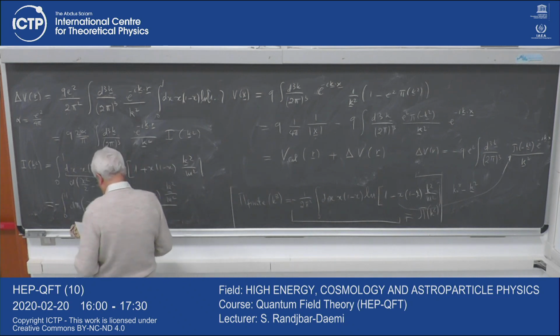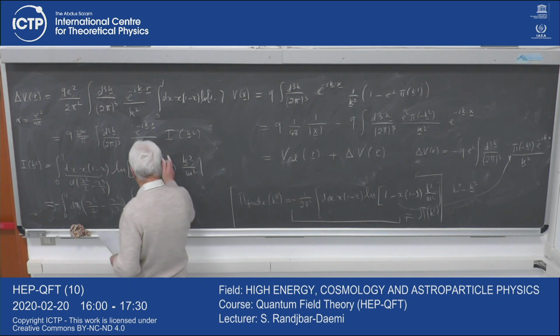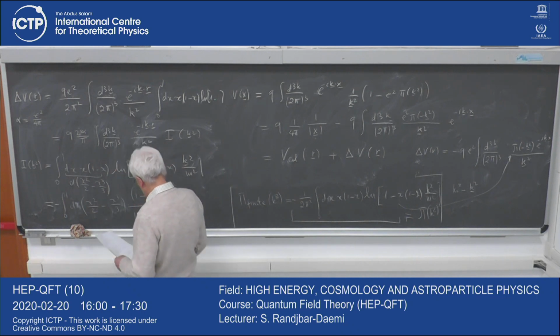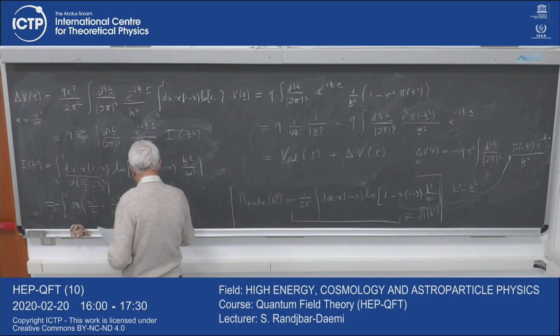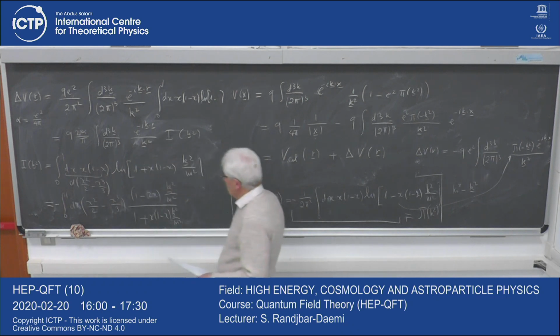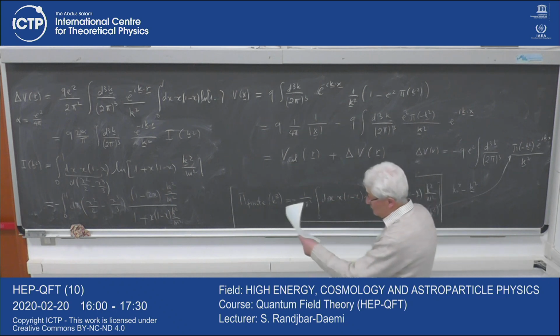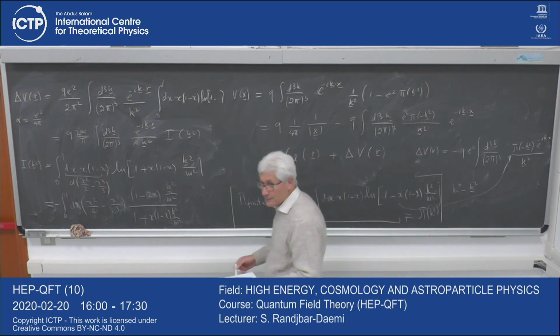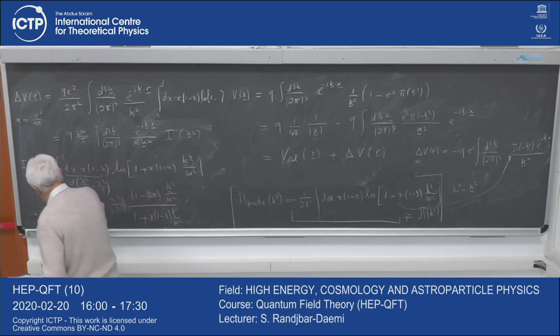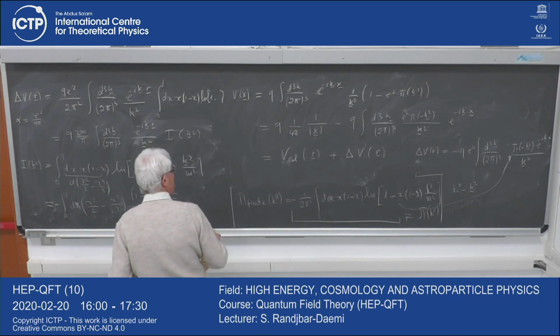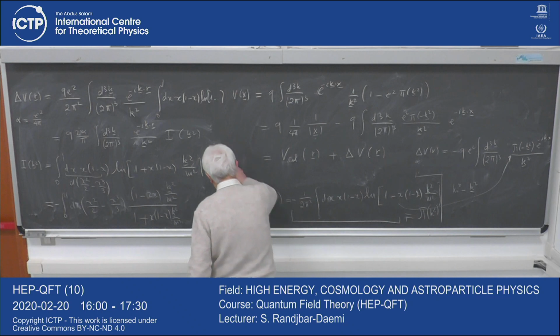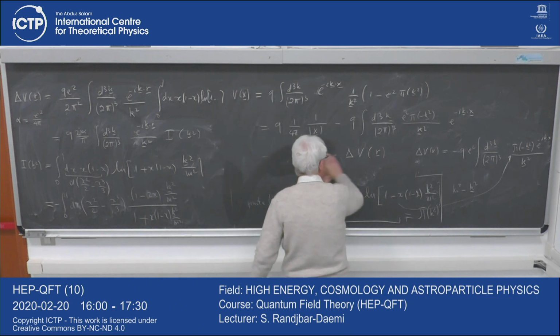So the derivative of the logarithm will give you the derivative of this divided by the argument of the logarithm. From here on, you can do various things. So what I'm going to explain to you now is one of the ways of doing it, but by no means the only way of doing it.